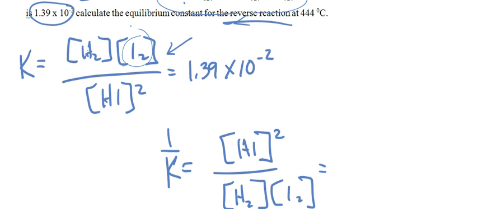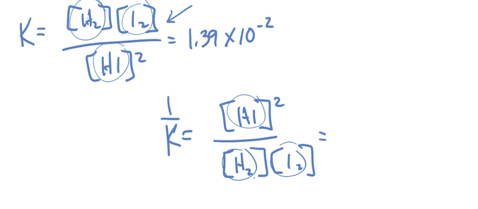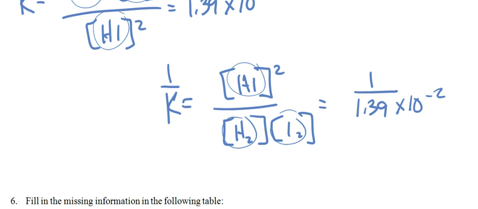The concentration for iodine here is the same as the concentration of iodine there. Concentration of HI here is the same as the concentration there. Concentration of hydrogen is the same in both of these cases. It just depends on where it starts, if it's a reactant or a product. So when we answer this question, we're going to take the inverse of our K value from the forward reaction, and then whatever that equals on your calculator.